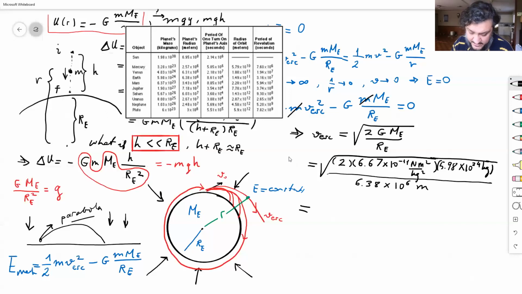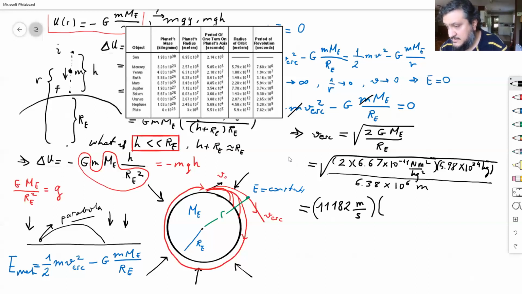Take the square root of that. 11,181.966. So it's 11,182, let's say, meters per second. In 1 second, 11 kilometers. That's so fast.